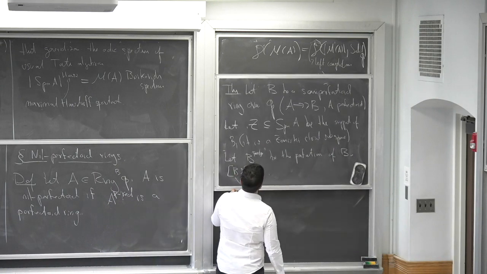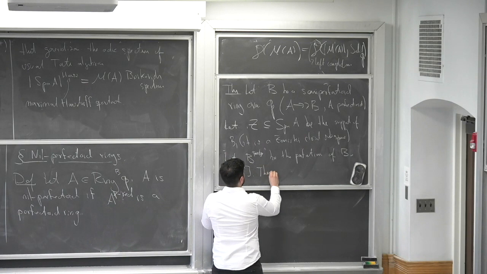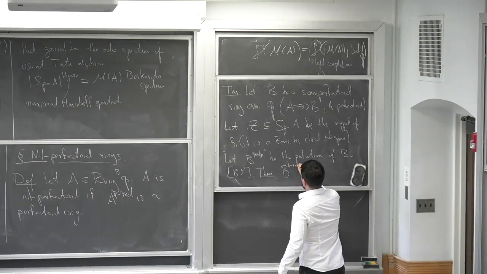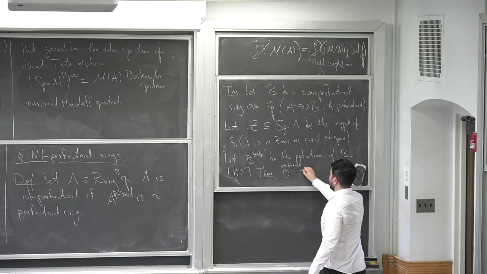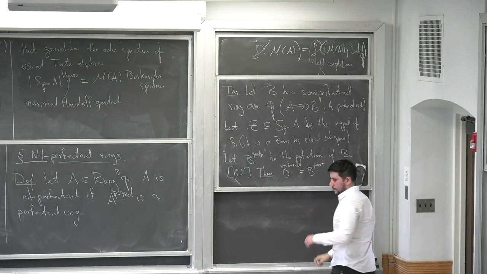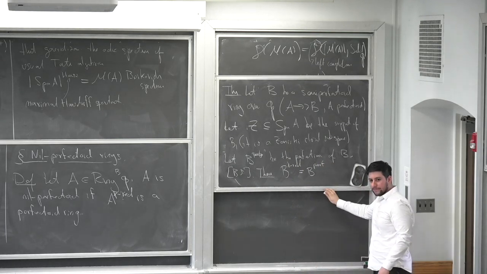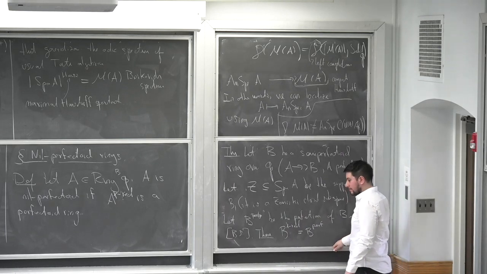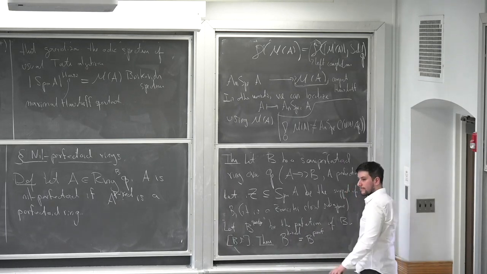Then the reduction of this guy is exactly given by this curve. So in this case, the ideal is defined integrally, and I understand.